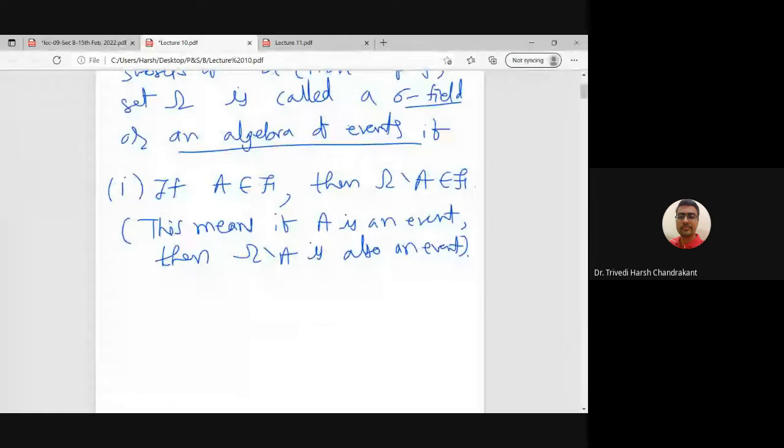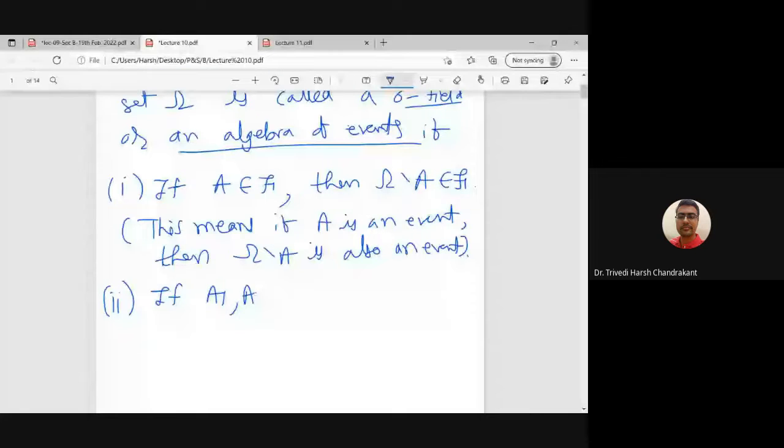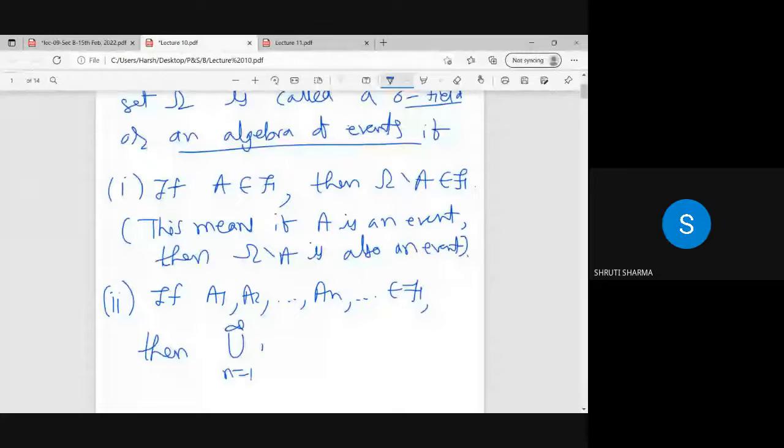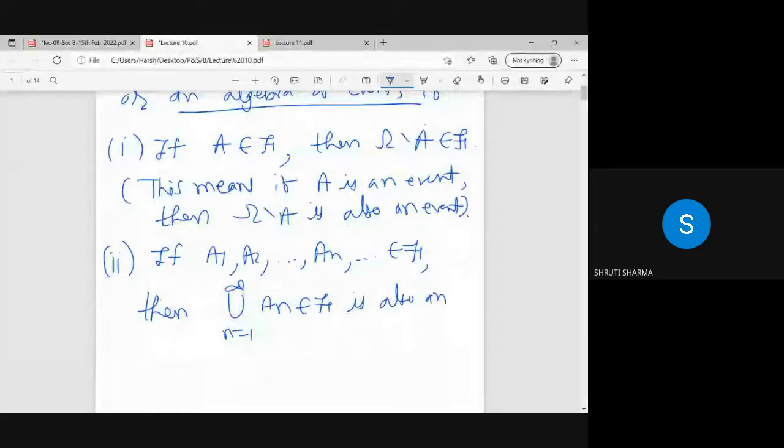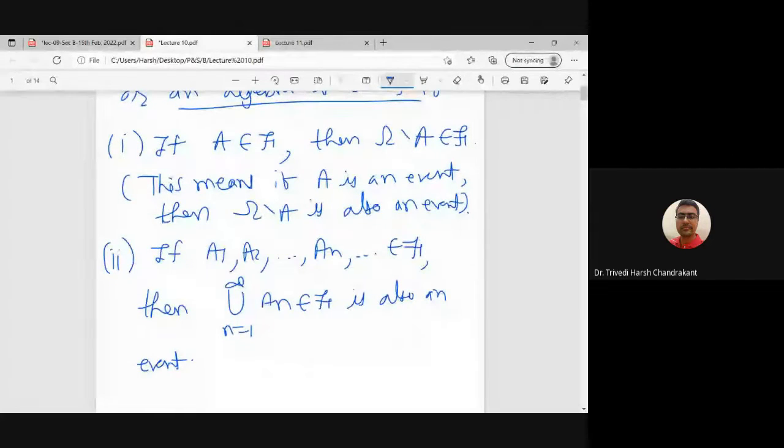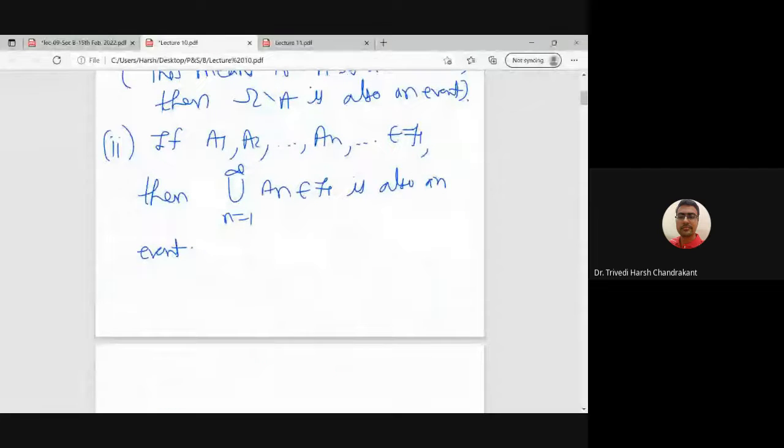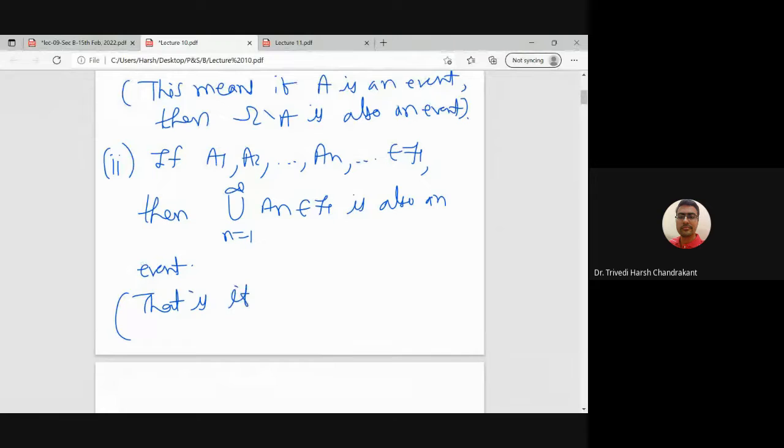The second property is that if you have countably many events, A1, A2, ..., An, if A1, A2, ..., An are in the family of events, then their union is also an event. What does this second property mean?